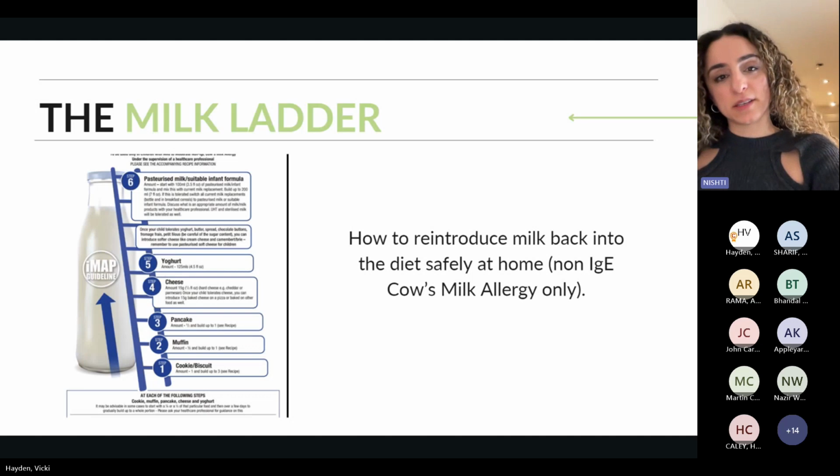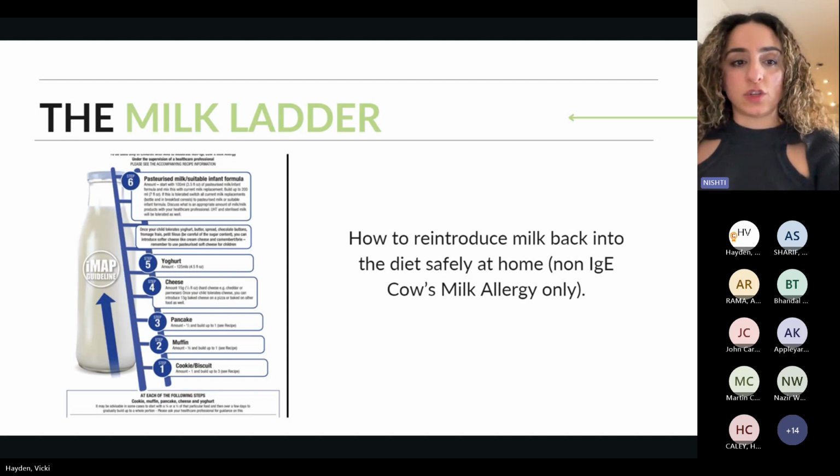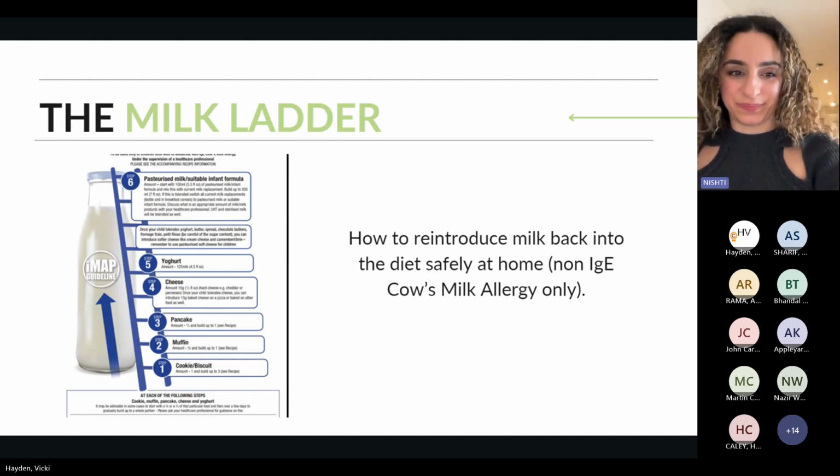So there are so many things to consider. But the website that I showed earlier on for you all has all the information on there. And I'm sure you all ask parents to have a look at the milk ladder, but ideally they should commence the milk ladder with the help of a registered dietitian.